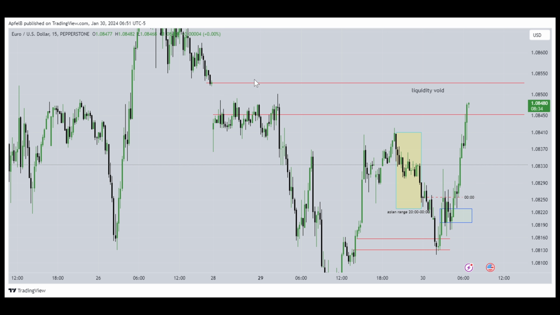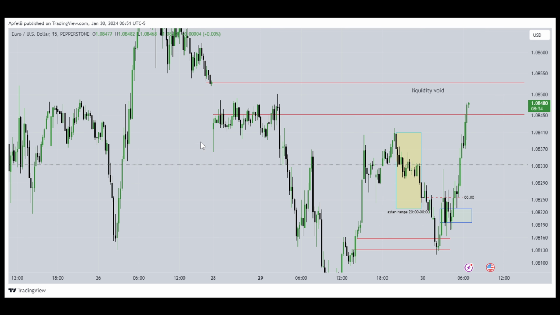What is a liquidity void? A liquidity void is an area void of any delivery. So in this area here, notice market opened high, low, close, and then gapped down. So this gap here is what we refer to as the liquidity void. It's void of either buy side liquidity or sell side liquidity.